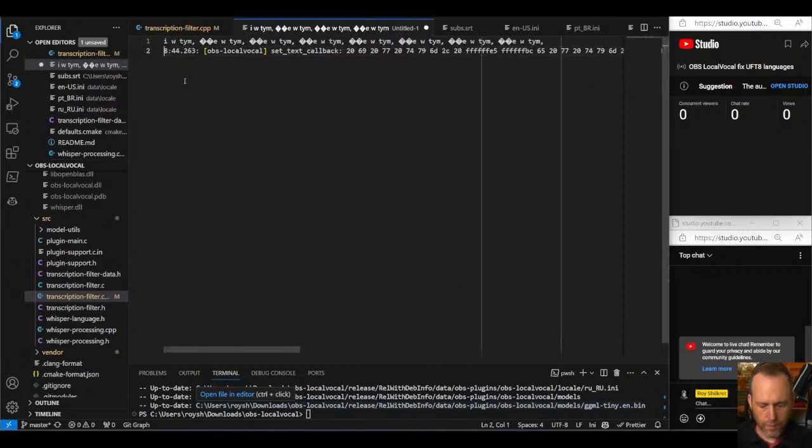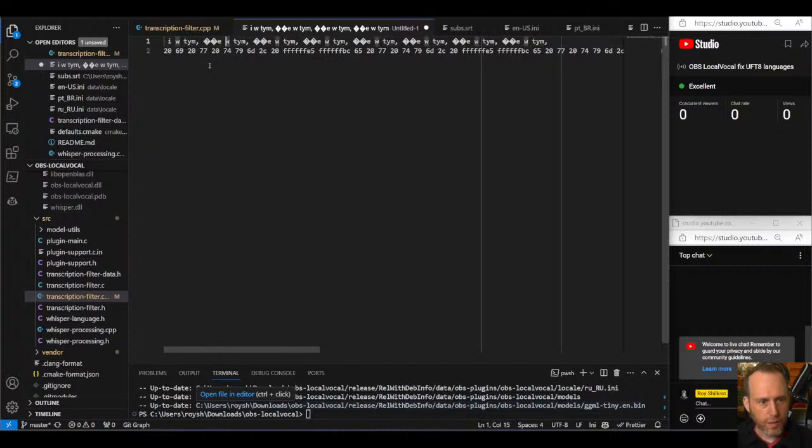So what we have here is the written out text, and then the hex values. Okay, so we have here 20 is a space, 69, space, W, T, W, M, comma, space, and then I got these two weird characters.